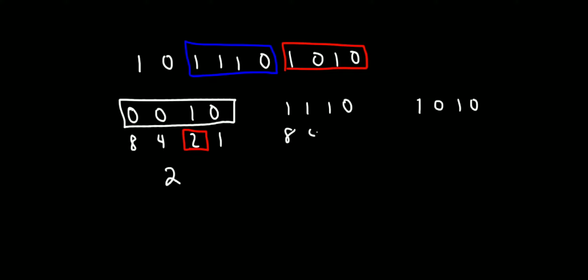Now in this 8 4 2 1, 8, 4 and 2, all 3 will be considered because all 3 are having 1, and the last we will leave. So 8 and 4 is 12 and 2 is 14, then 8 4 2 1, again 1 we will consider, so 8 and 2 we will consider, so 8 and 2 is 10.